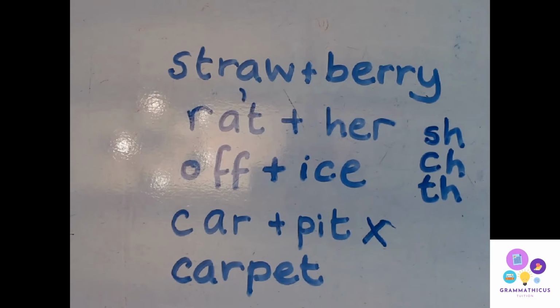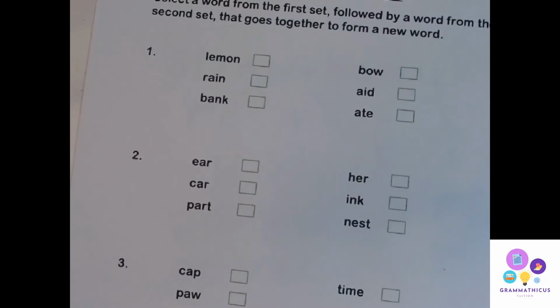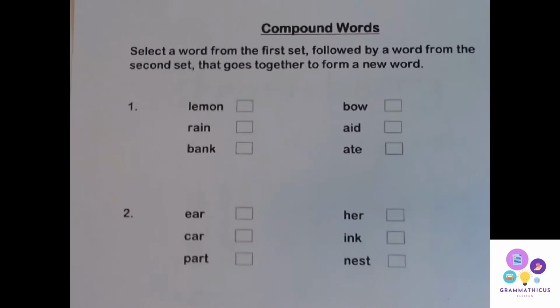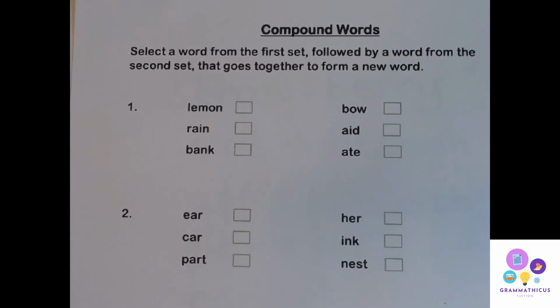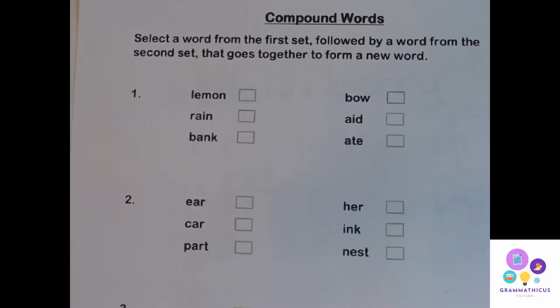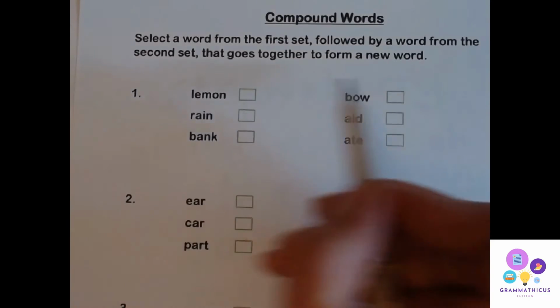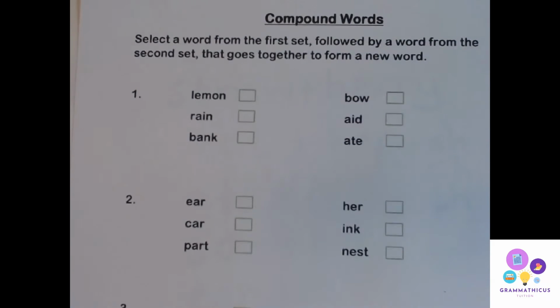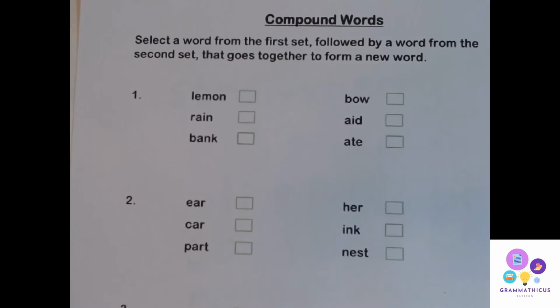Okay, let's have a little look at our tutorial sheet for today, and let's see if we can spot the compound words in the questions we've been given. Let's have a look at question 1 to start with. You can see that this is set out very similarly to a verbal reasoning answer sheet rather than a verbal reasoning question sheet.